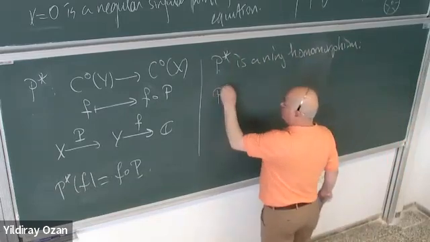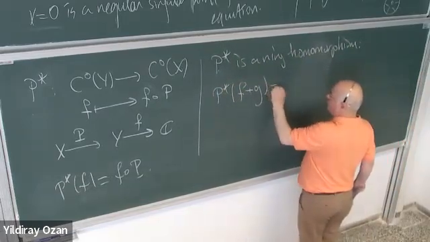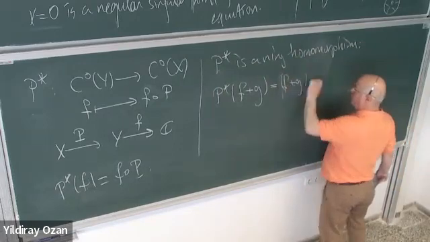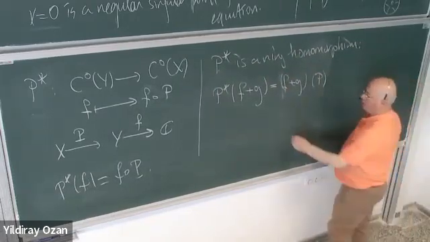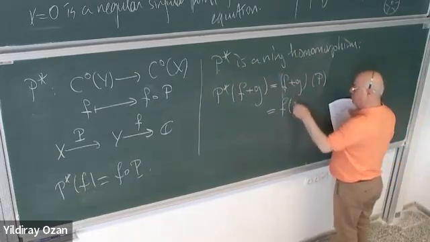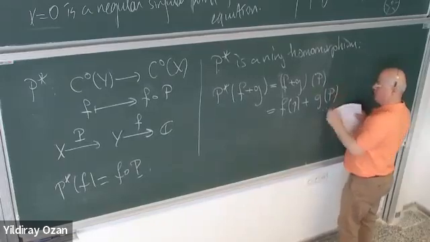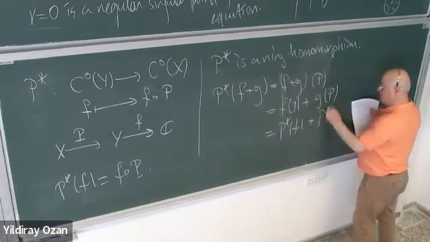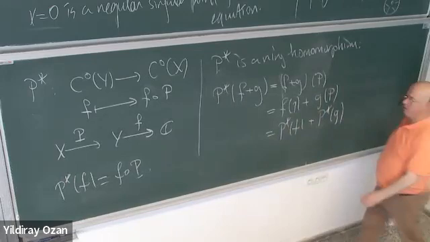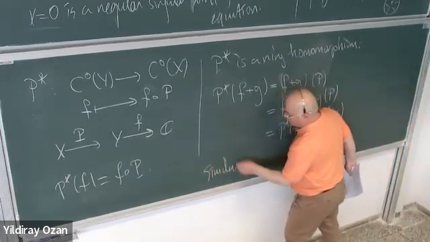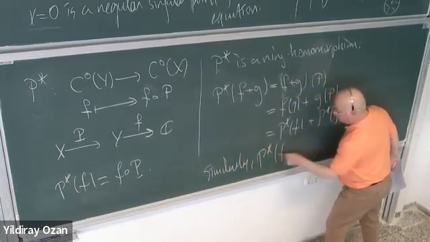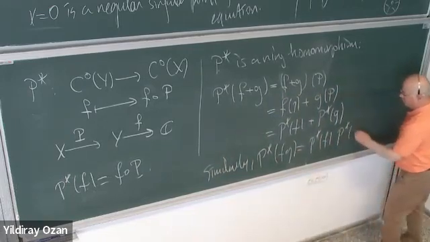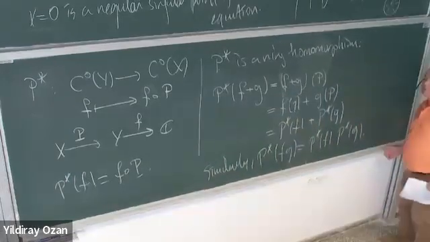Namely, P star of F plus G is just F plus G composition with P, and of course this is just F composition P plus G composition P. So this is just P star F plus P star G, and similarly P star of F times G is just P star F times P star G. Okay, so this is a ring homomorphism.